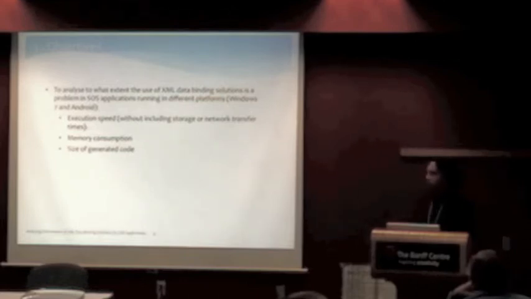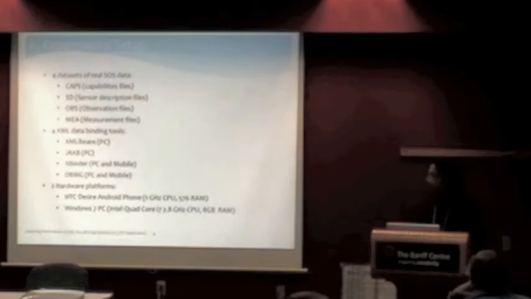We are considering two platforms, Windows 7 and Android. On these platforms, we try to measure execution speed, memory consumption, and size of generated code. For our experimental setup, we use 4 datasets of real SOS data gathered from a set of sensors.